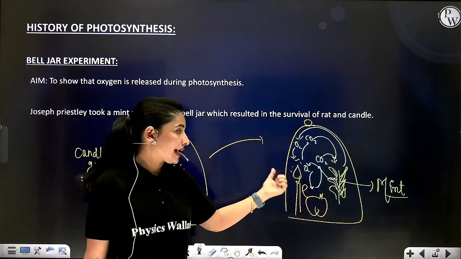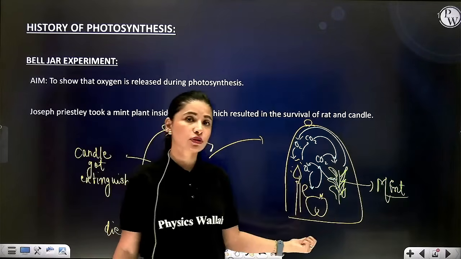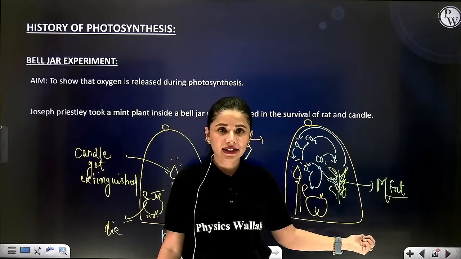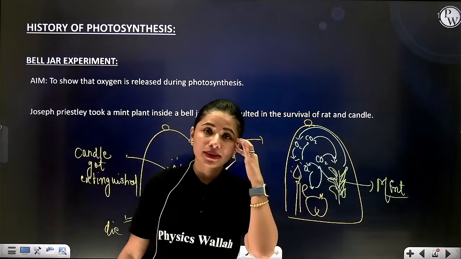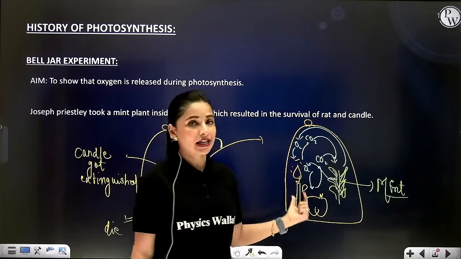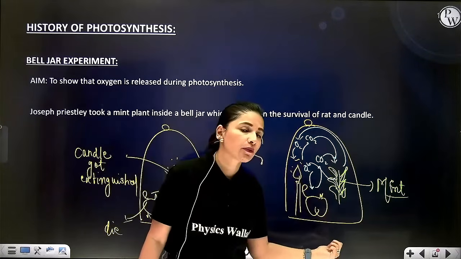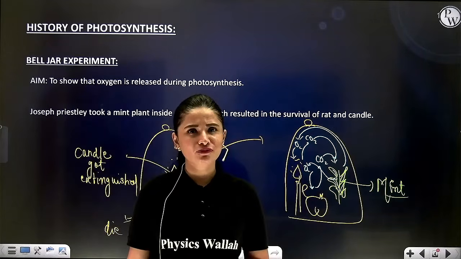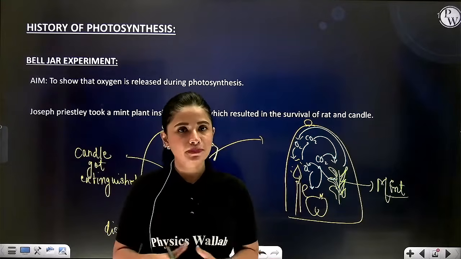The candle kept burning, the mice was alive, and the mint plant was also happy. Correct? So this is how Joseph Priestley explained the importance of air for plants as well as for the candle and the rat. Hope you have understood this very simple and crisp experiment.